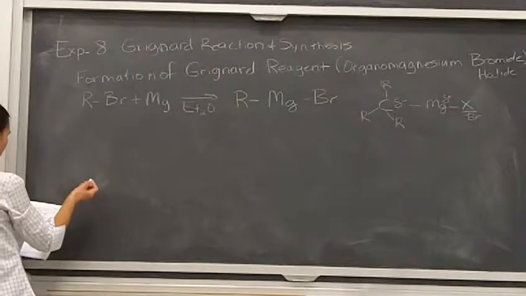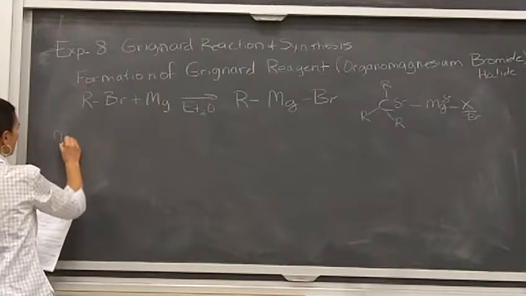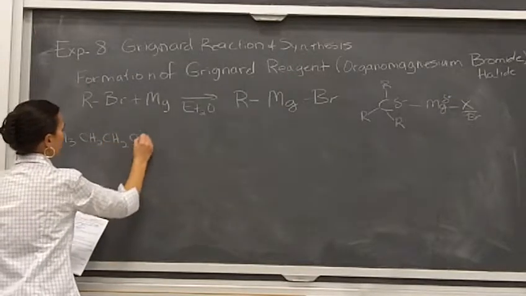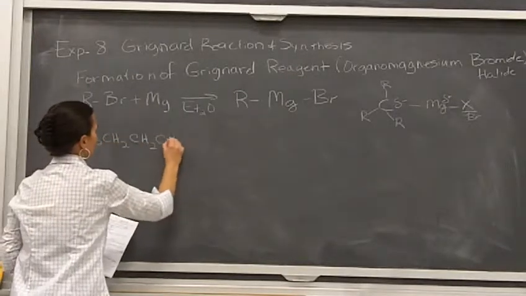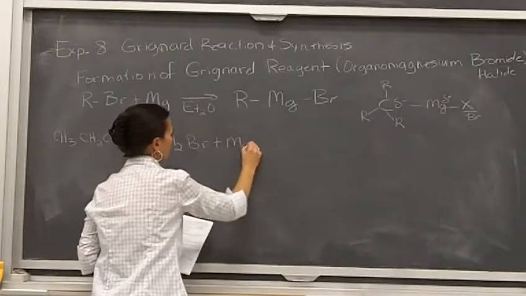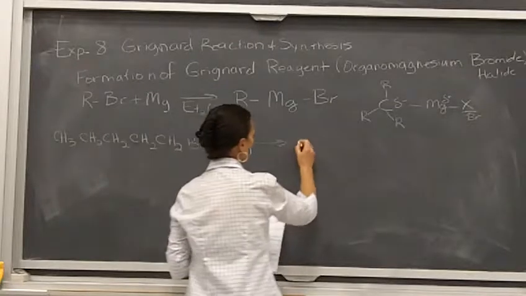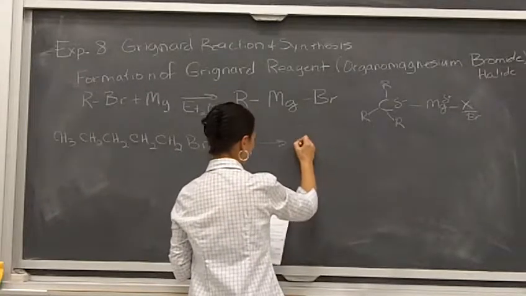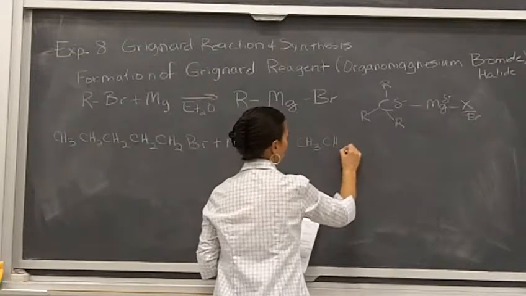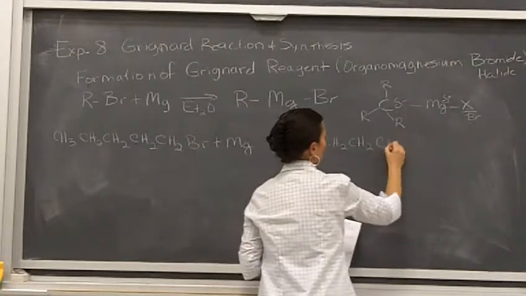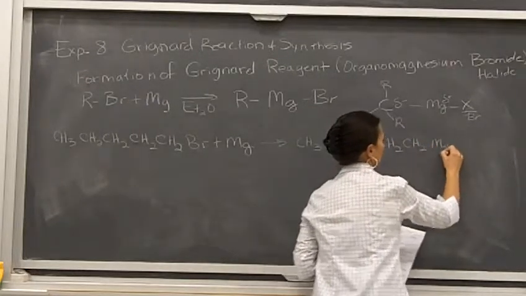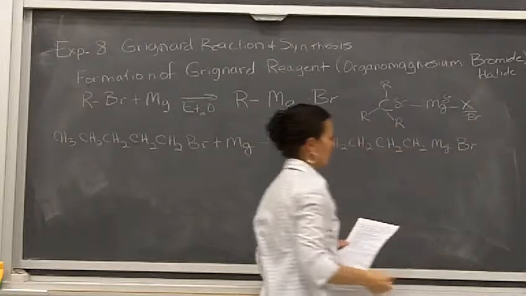So for example, if we had bromopentane, we react it with magnesium, then the Grignard reagent that we are going to get is this guy. All right.